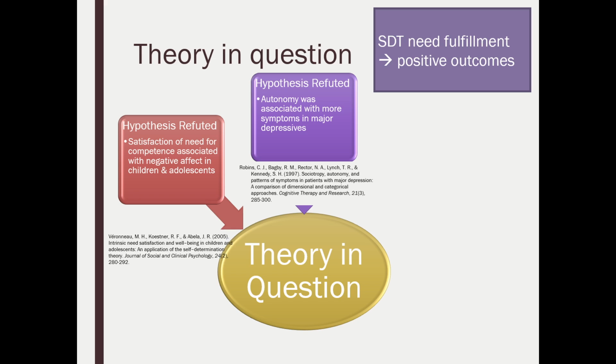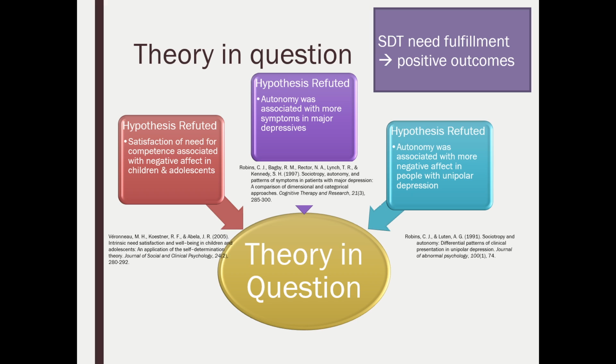Now we have autonomy was associated with more symptoms of major depression. So people who were diagnosed with major depression and who had higher scores in the need for autonomy had more symptoms than people who were lower in the need for autonomy. So interesting. Autonomy was associated with more negative affect in people with unipolar depression.